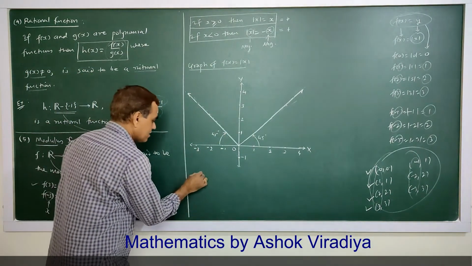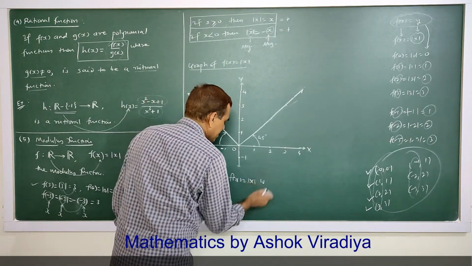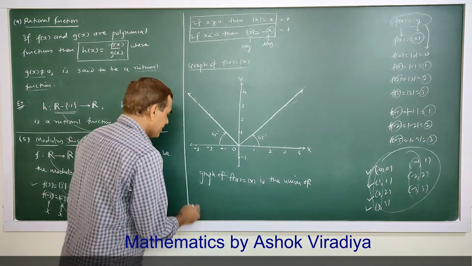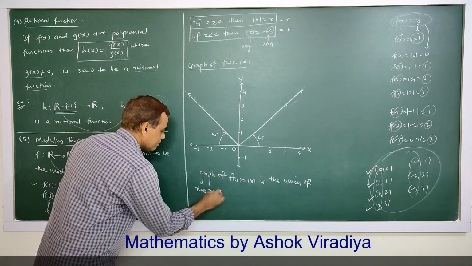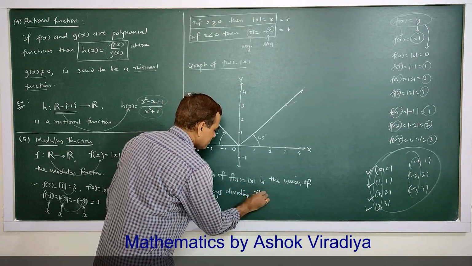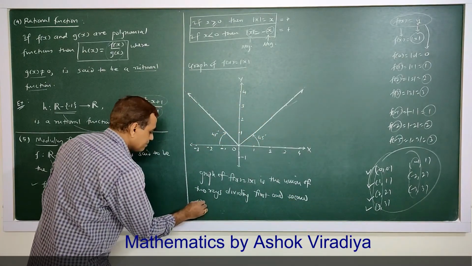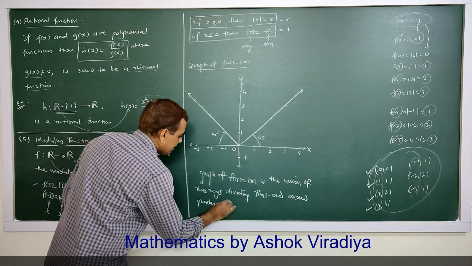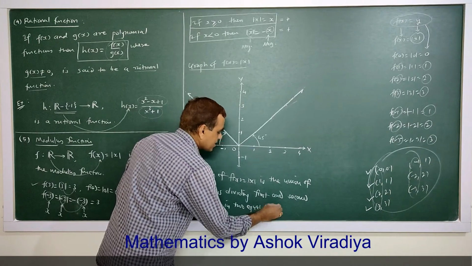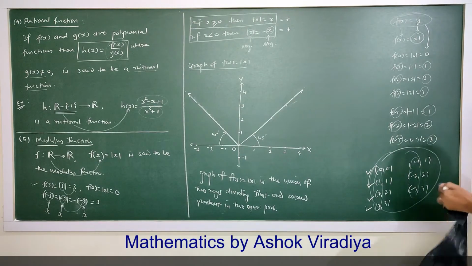The graph of f(x) equal to modulus x is the union of two rays dividing the first and second quadrant in two equal parts. So this is the graph of f(x) equal to modulus x.